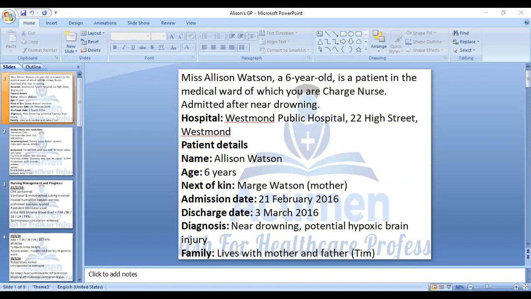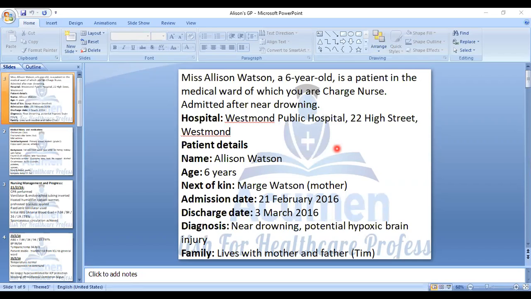So whenever it comes to writing to the patient's GP, your focus is mainly on what happened during the recent hospitalization, because you can expect that they know about the patient's background medical history, they know about the social history, and they know about the patient's overall health, but they are probably not aware of the recent hospitalization.